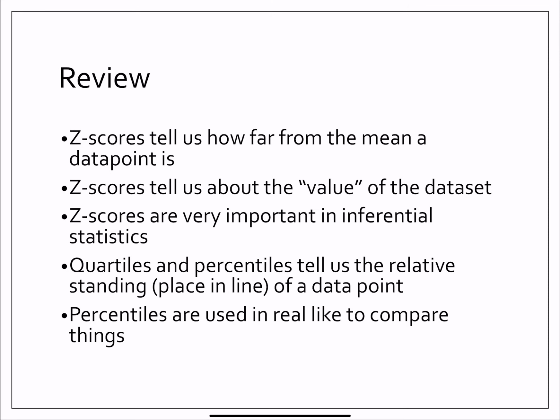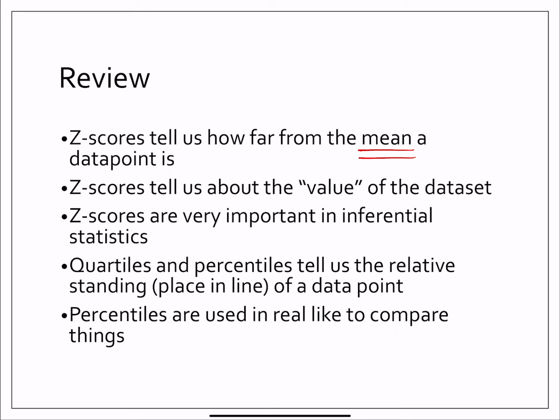Just as a review, z-scores, which was what we did last week, tell us how far from the mean a data point is, right? From the mean. That's the important part. They're telling us about the mean. And z-scores tell us about the actual value of the data point in the data set.